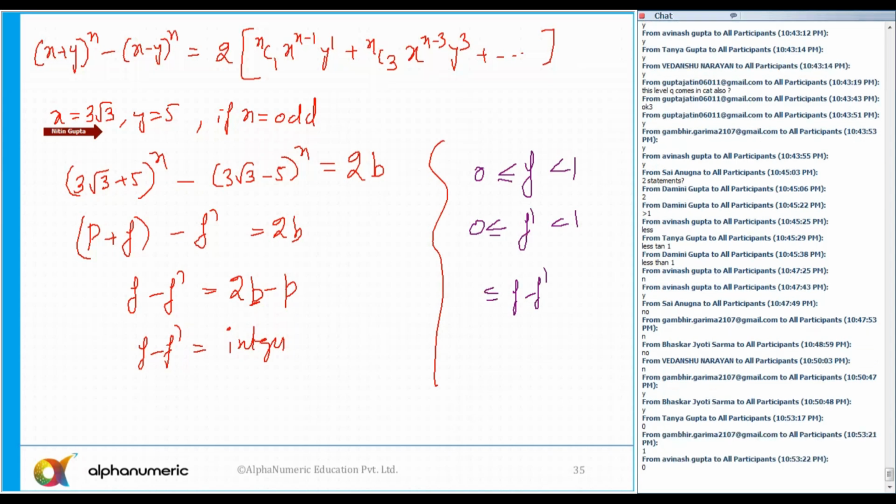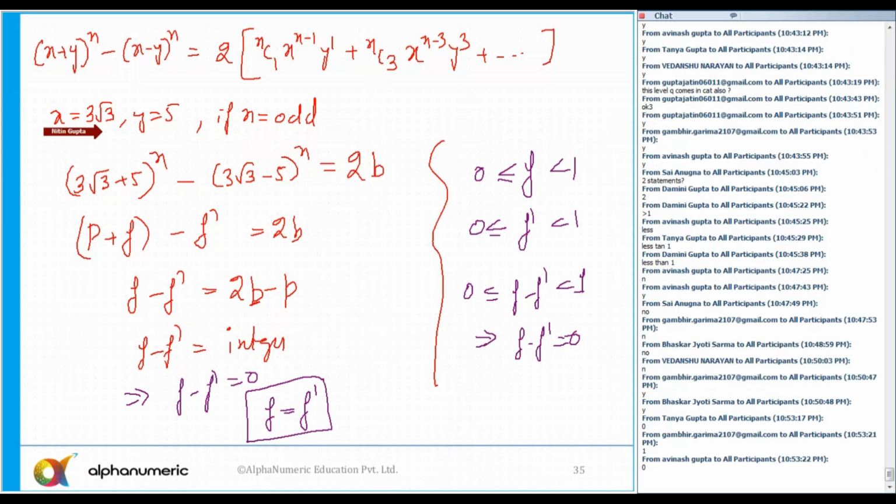So it will also lie in the range 0 to 1. If it lies in this range, the only possible value of f minus f dash is 0. So f minus f dash is equal to 0, so f is equal to f dash.